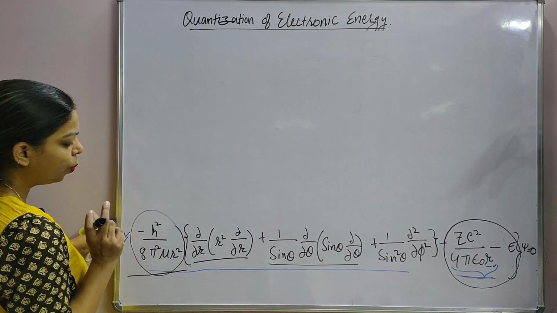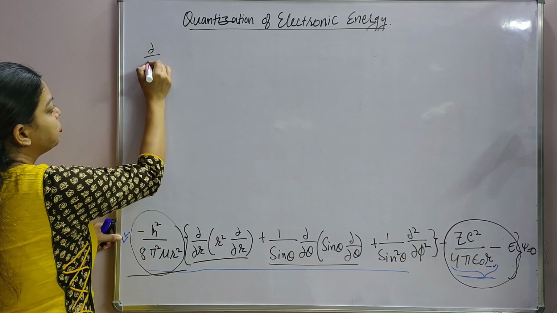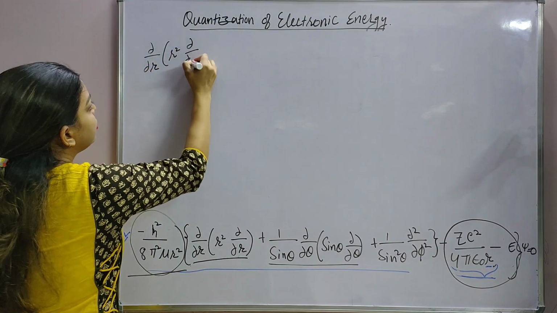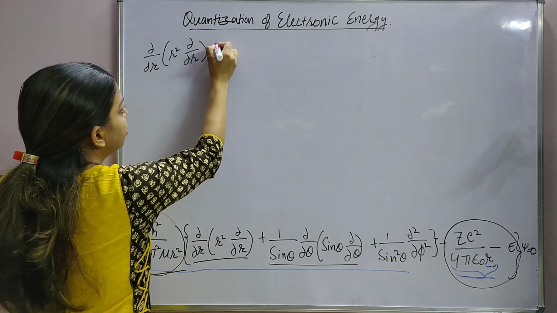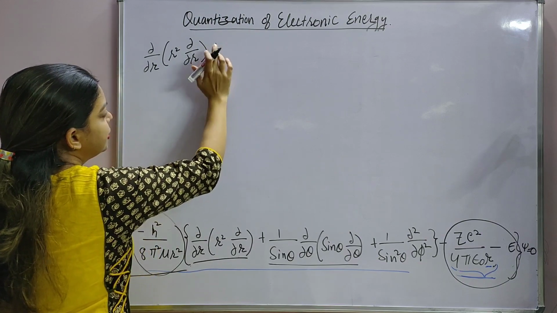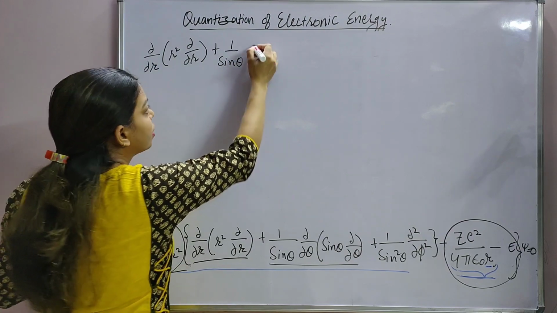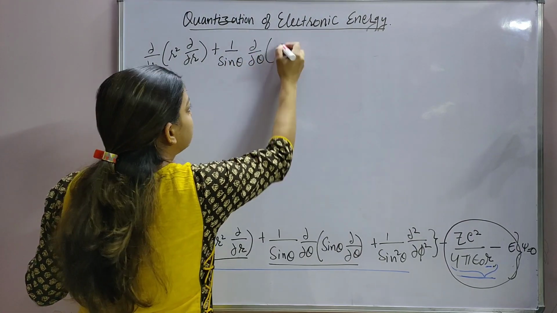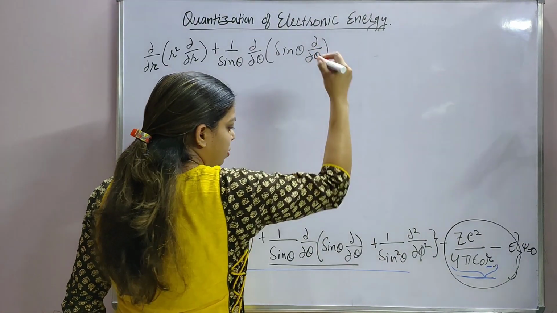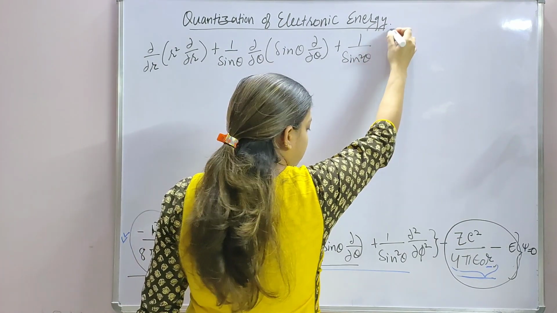So here will be 1. It means we are left with, I am starting from here, plus 1 by sin theta, plus 1 by sin square theta.